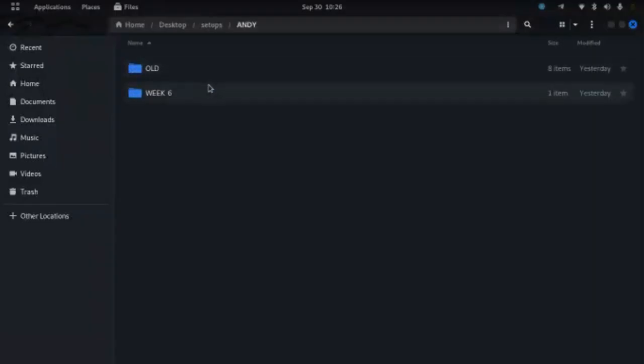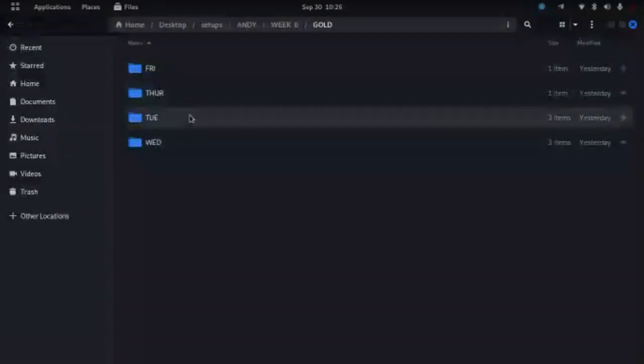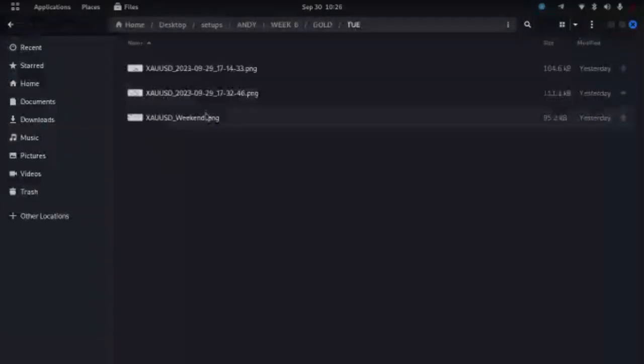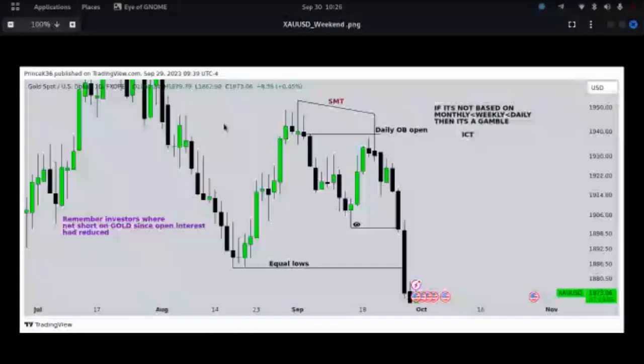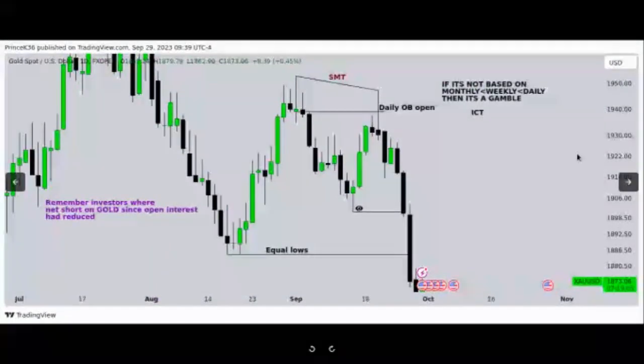You tell me if you can see the images. Let me open it first. So, gold. This is the week that we had. This was the previous week.